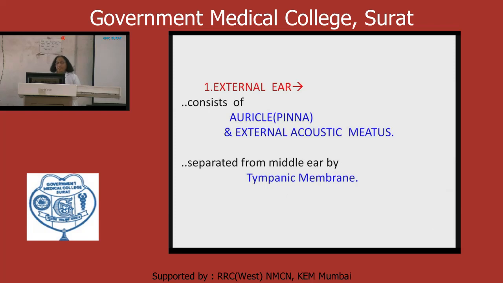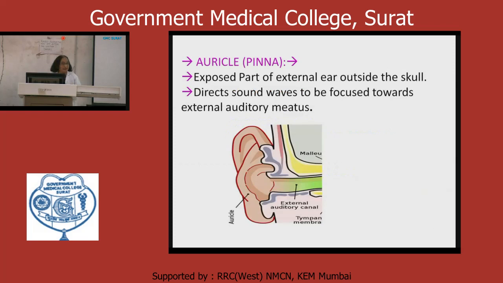Now here is the first part of the external ear. The auricle is the exposed part of the external ear outside the skull. Functionally, the auricle directs the sound waves to be focused towards the external auditory meatus.